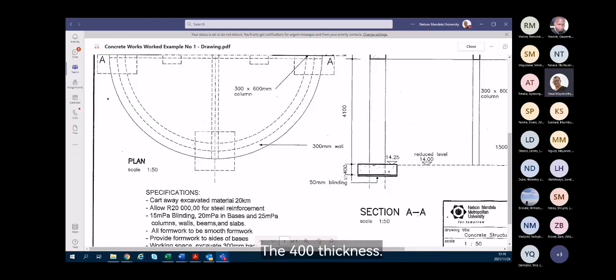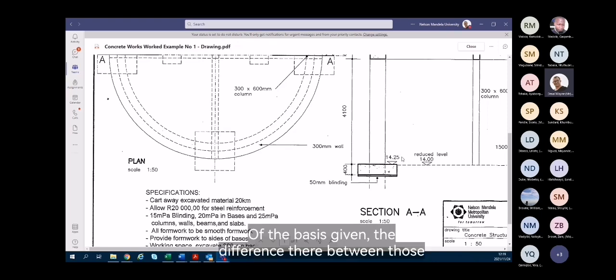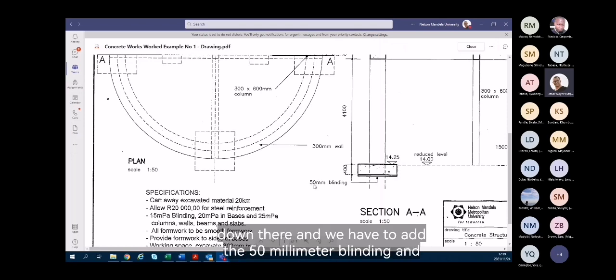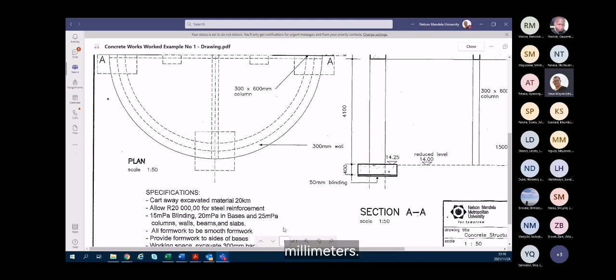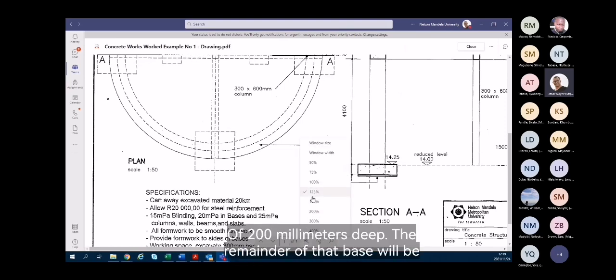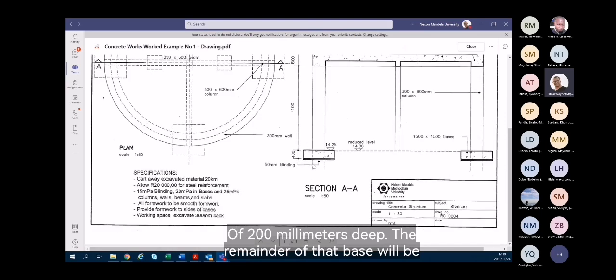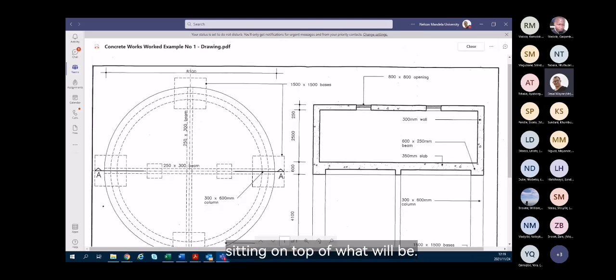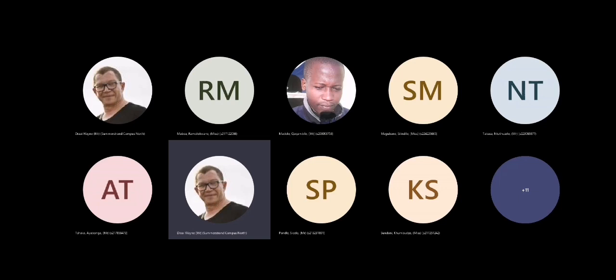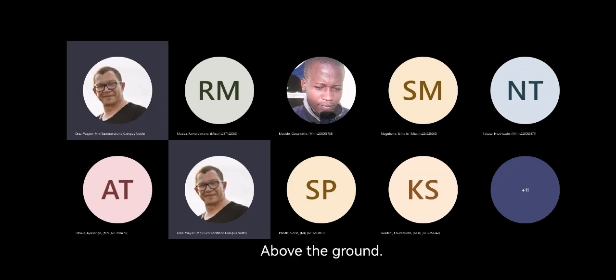The 400 thickness of the base is given. The difference between those two levels is the 250 I spoke of, which leaves me with 150 down there, and we have to add the 50 millimeter blinding, and that gives me the depth that we have to excavate of 200 millimeters deep. The remainder of that base will be sitting above the ground.